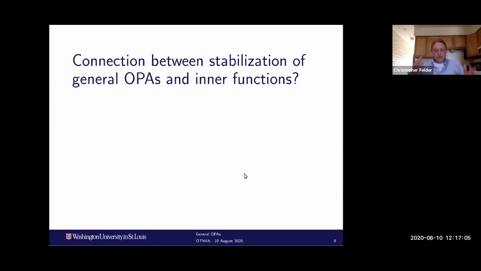All right, so what's the connection between stabilization of general OPAs and inner functions? A generalization of the previous theorem would give this. So what we need is one more definition to be able to connect these things.